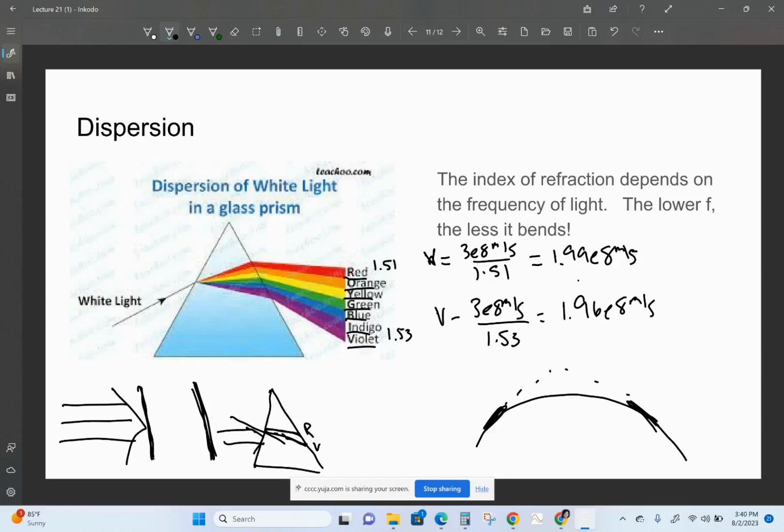So if white light from the sky hits them just at the right angle, then you will actually see that pop out like that, and you'll see that rainbow. And so that's what's causing the rainbow, the dispersion of light through water droplets. And especially since water droplets tend to not be round as they fall, they get distorted, so there's even more of that effect.